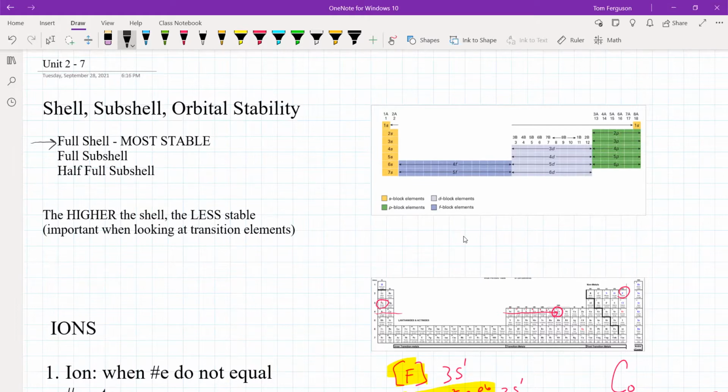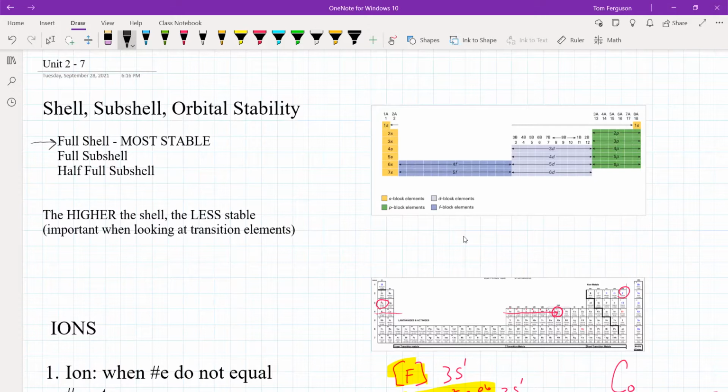And then half full. Now remember on Monday I mentioned that nature likes geometric symmetry. And a full shell has the electrons placed around it in the most symmetrical way.